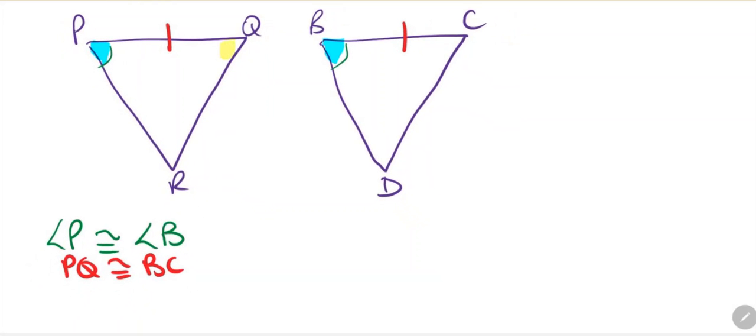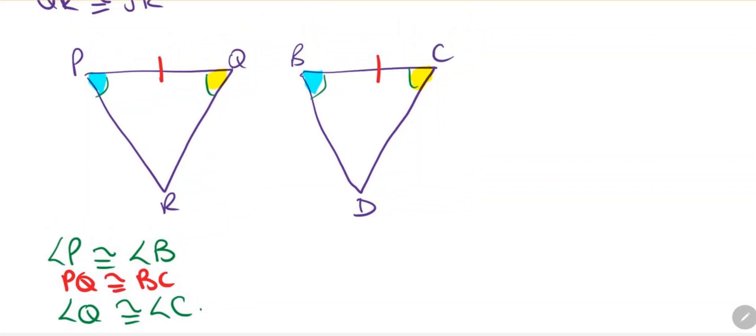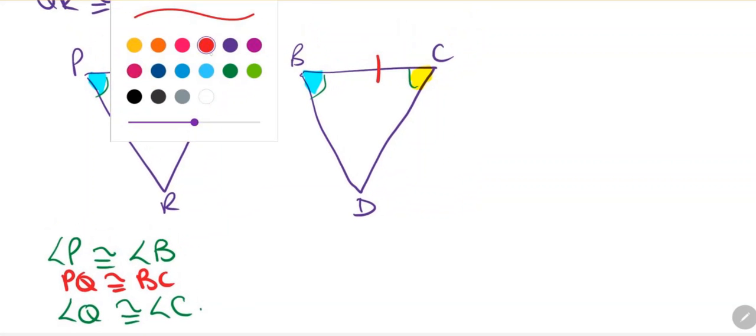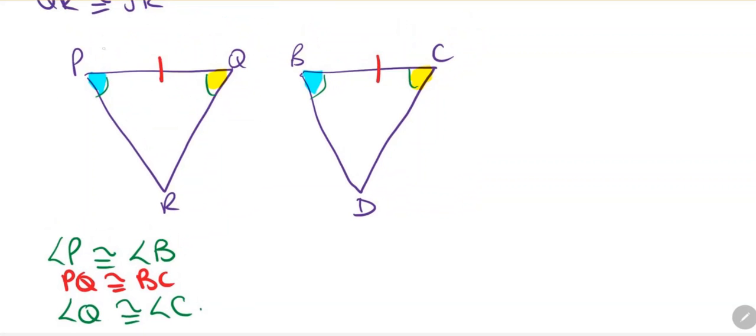And angle Q is congruent with angle C. So I have angle, side, angle.